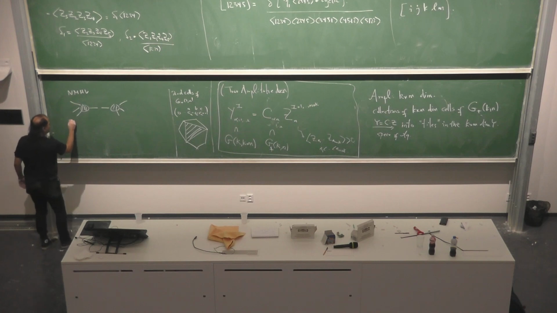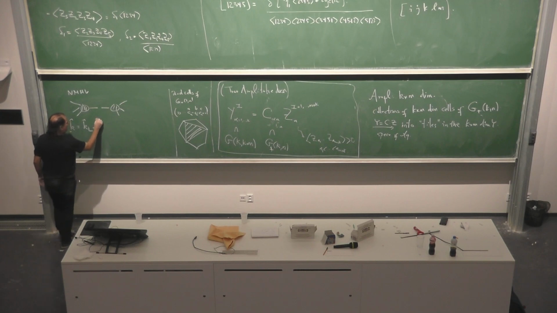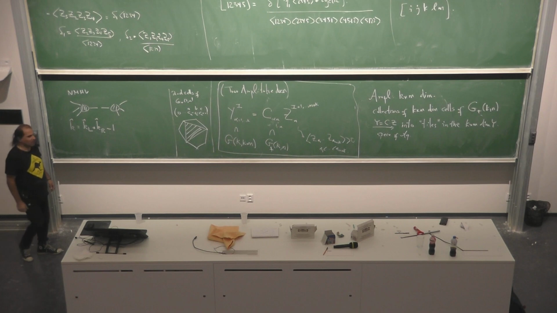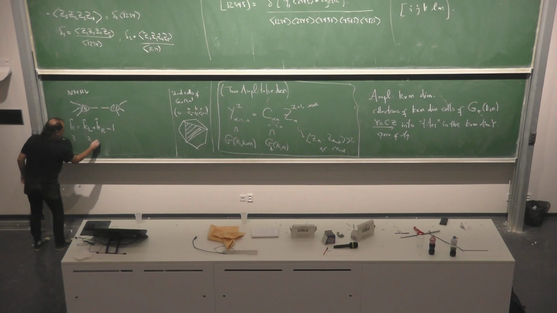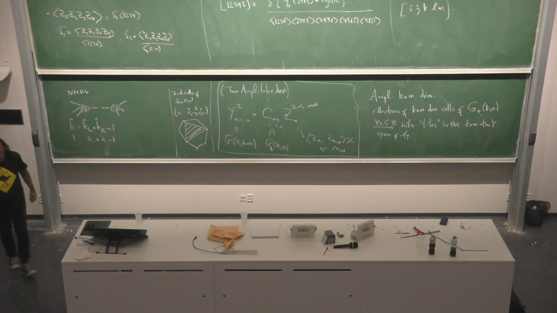The k hat is equal to the k hat for the left plus the k hat for the right minus 1, right? That's what happens to the k. So, for example, for k hat equals 3, NMHV, this would be MHV on one side, MHV on the other side. Okay? So an NMHV amplitude factorizes into the product of two MHV amplitudes.